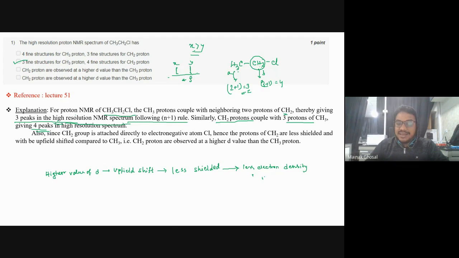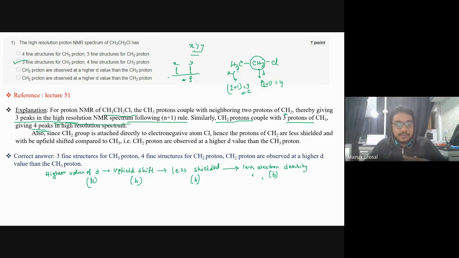Which one has less electron density among these two? I can see B has less electron density. That means B will be less shielded, so B will have downfield shift, so B will have higher delta value. And you know which one is B? B is nothing but the CH2 proton. So the CH2 proton is actually observed at a higher delta value.